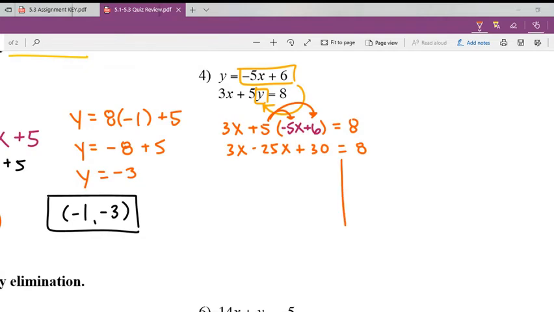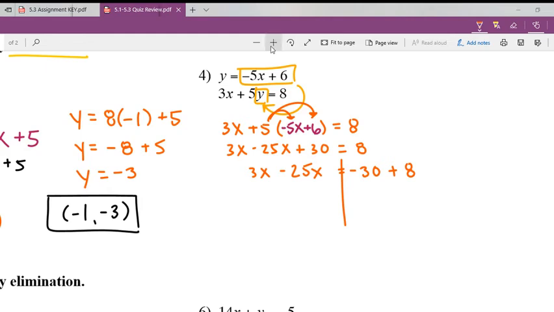Should 3x stay or go? Stay. Somebody else, -25x, stay or go? Stay, good. Somebody else, 30, stay or go? Go, become negative, and then the 8. Stay.